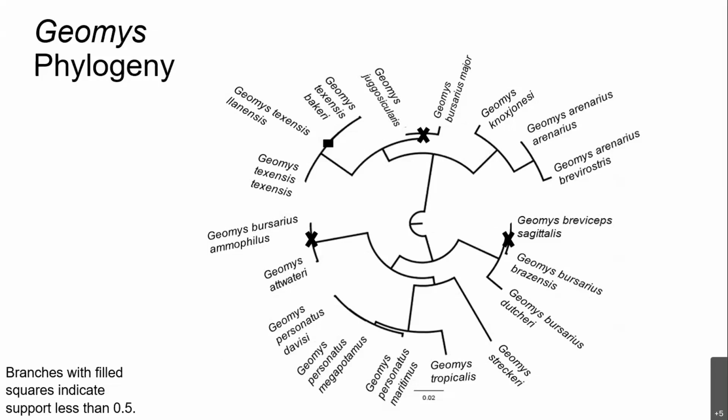To the left, you can see Geomes bursarius ammophilus and Geomes atwateri are sister to each other. And over there on the right, you have Geomes bursarius brazensis and Geomes breviceps sagittalis as sister to each other. If the Geomes bursarius were more closely related, they would be monophyletic, but they are in different places on the tree. So that's something that would require further investigation.